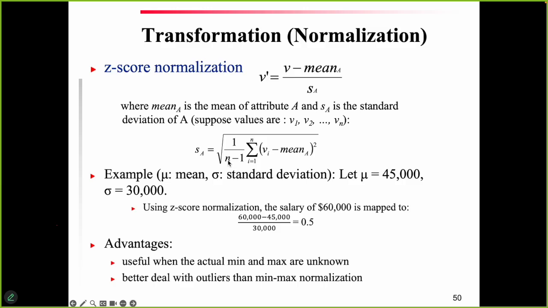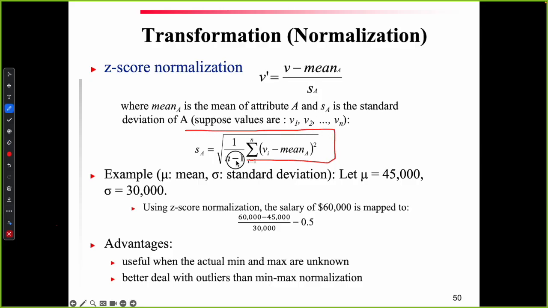Let me show this here. We have this formula for a standard deviation, and this formula for a standard deviation. You can see that I have n minus 1 here. Now this can also be n.